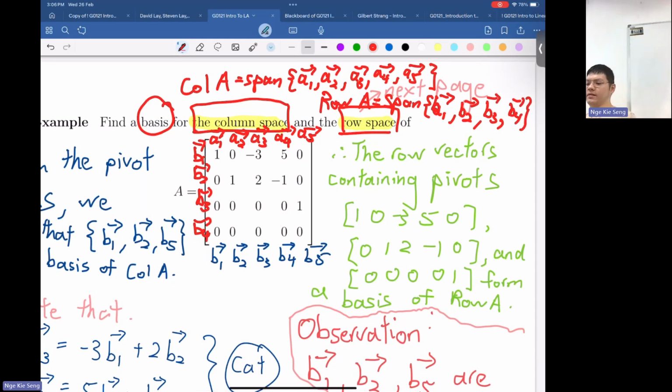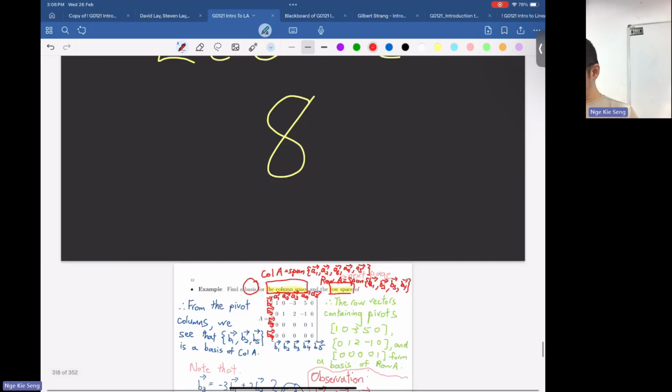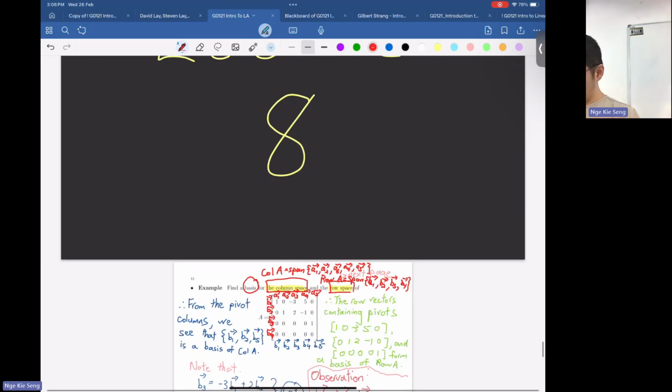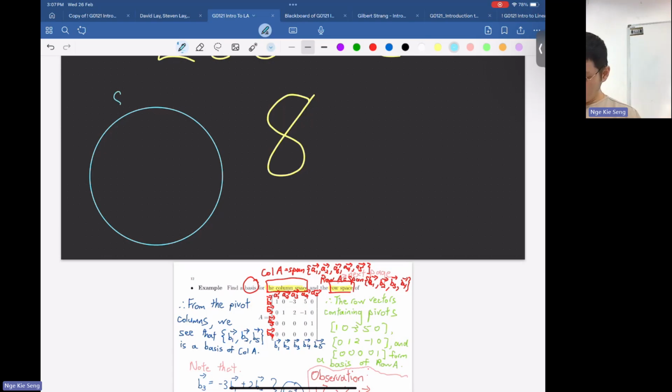Okay, so we have shown that the span of any vectors is a subspace. So we can find a basis for a subspace. Many people ask me how to think geometrically about a basis. A subspace you should think of as a space. Some of you say that if the column space is a space, then it must have geometry, right?